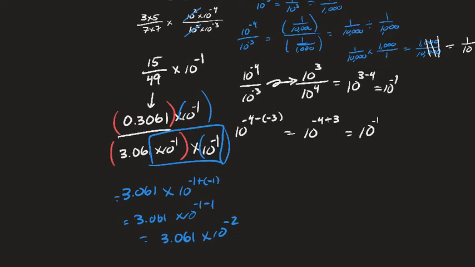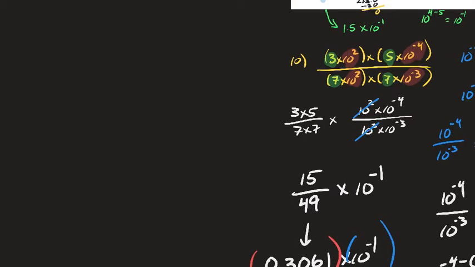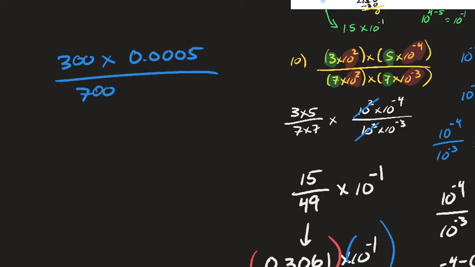All right. And again, you could do this all in standard notation if you want. All right, you got 300 times 0.0005 divided by 700 and 0.007. That's messy. And so you have these decimals, there's big numbers, there's small numbers. It's kind of messy. I wouldn't really suggest doing that unless you just want to type those in that form into your calculator.